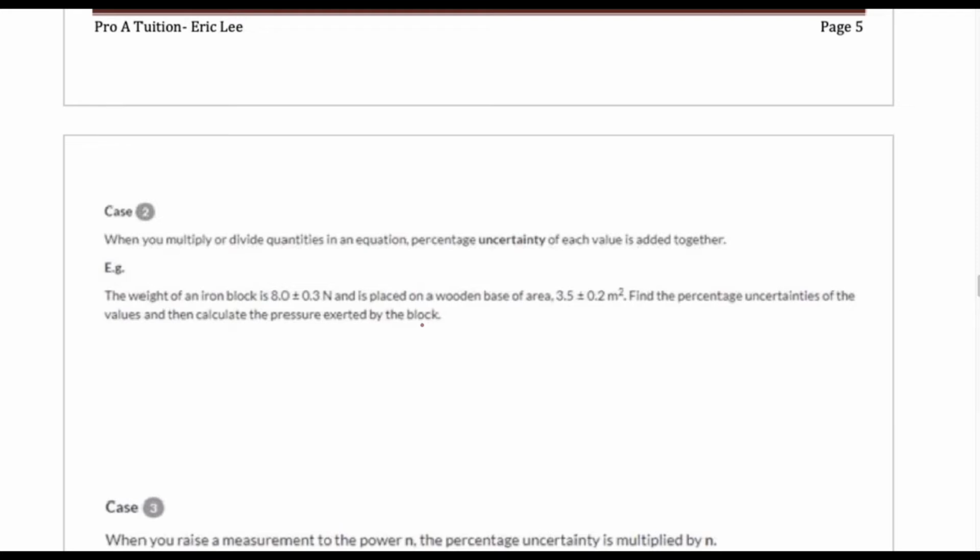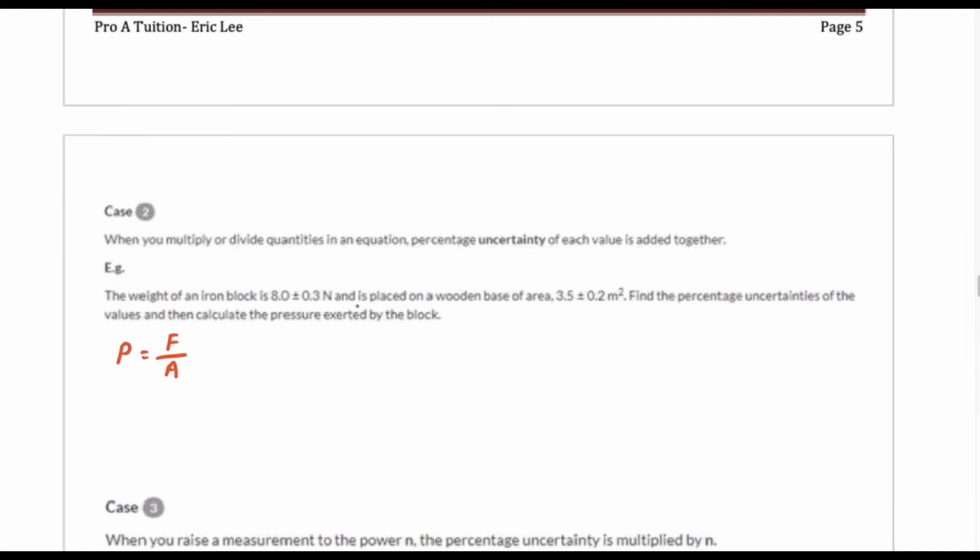First of all, let's think of the formula: pressure equals force over area. So the quantities are being divided, but we need to add up the percentage errors in order to find the absolute uncertainty.